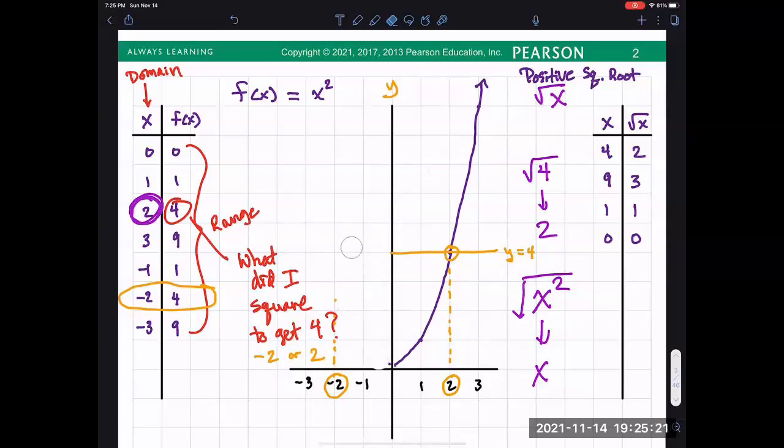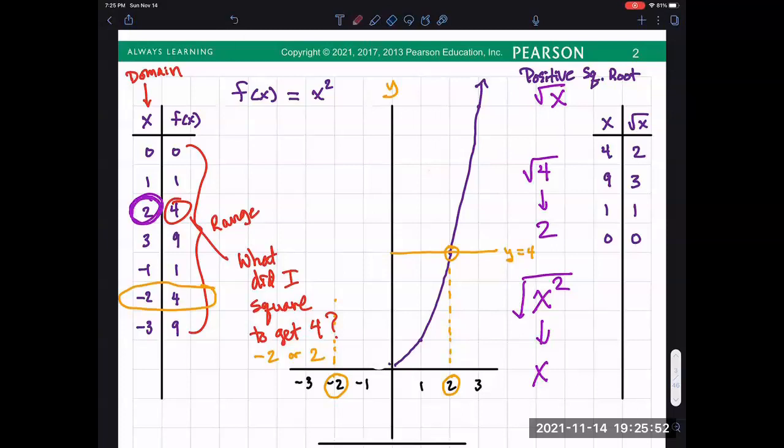If I eliminate all of those values, then this horizontal line of y equals 4 only hits the graph in one place. And then at that one place that it hits the graph, we go down and we see, oh, well, x has to be a 2. And so imagining a horizontal line intersecting a graph and needing it to only intersect once instead of twice so that we can have an inverse function, that creates a test.